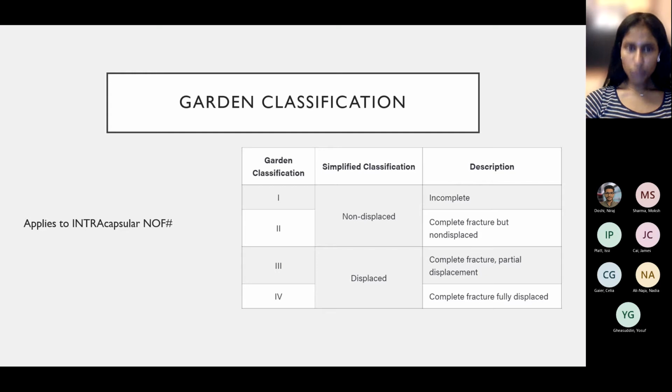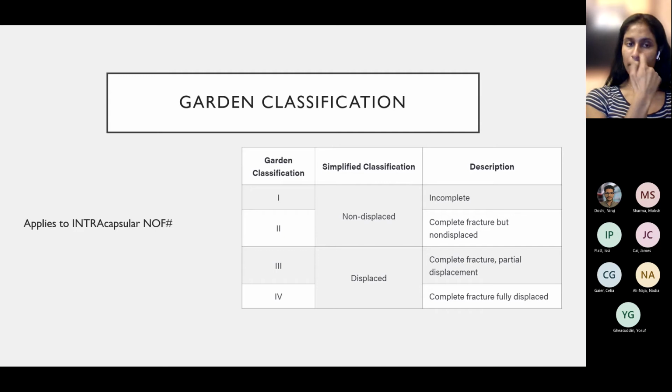Garden 2 is a complete fracture, but still non-displaced. And 3 and 4 are both completely fractured, but the extent of displacement differs. Number 3 is slightly displaced, whereas 4 is completely displaced.